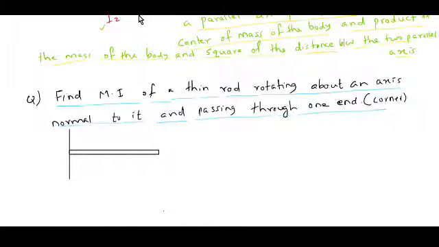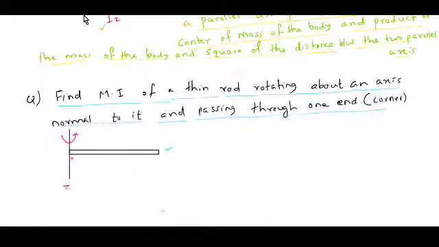This is the rod or the stick, and this is the axis which is passing through one corner, or we can say the axis passing through the end of the stick.